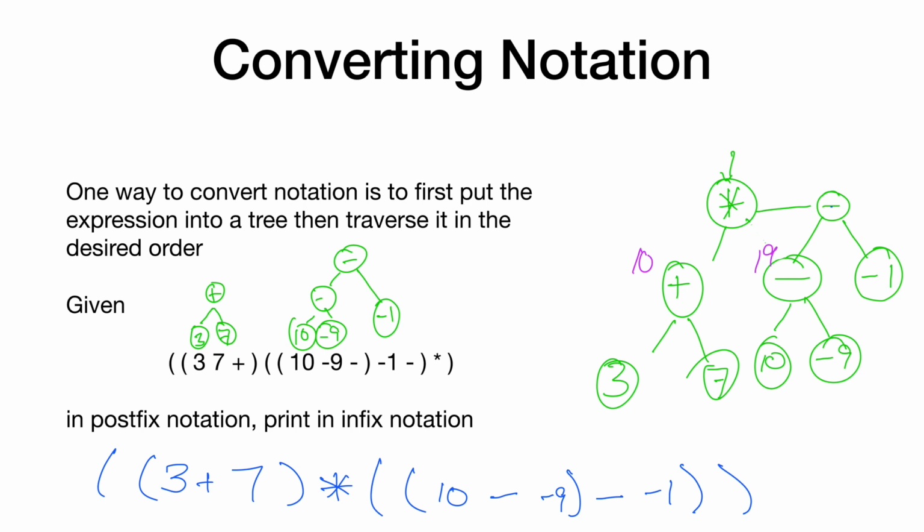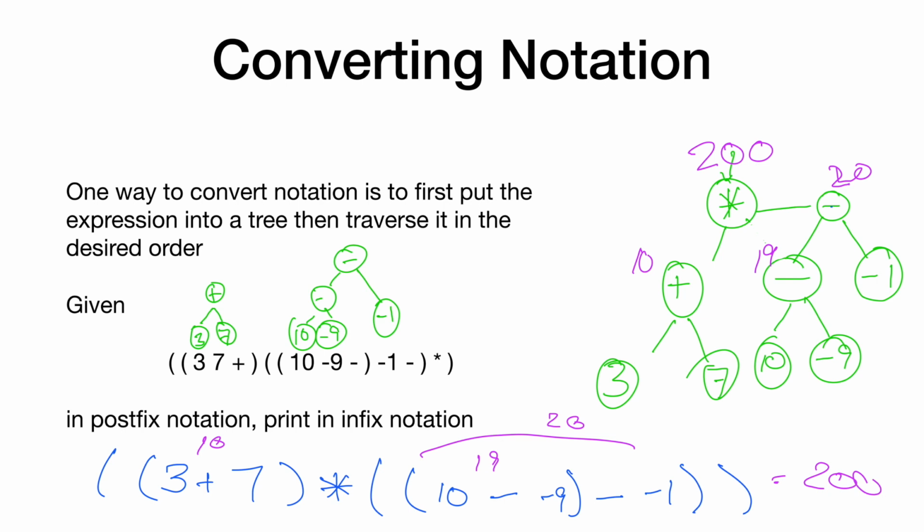And now we can evaluate this guy. It's 19 minus negative 1, which is 20. And now we can evaluate the root. And the root is 20 times 10, which is 200. And we can see we would do basically the same thing here. This is 10, 19, 20, and 200. Right?